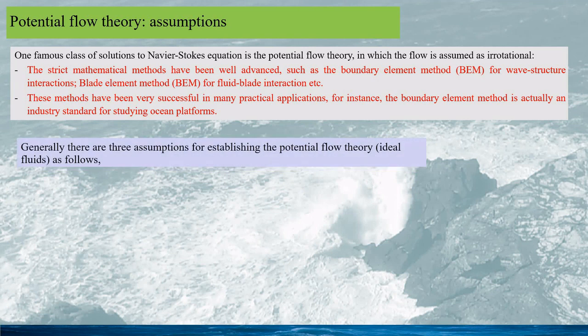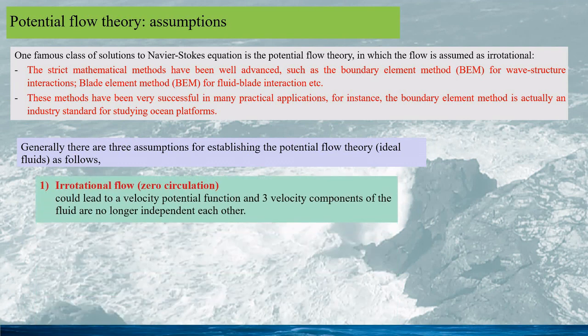It is generally accepted that the potential flow is under the following three assumptions. The flow is irrotational. This is a must assumption for potential flow, since this assumption could lead to a velocity potential function.